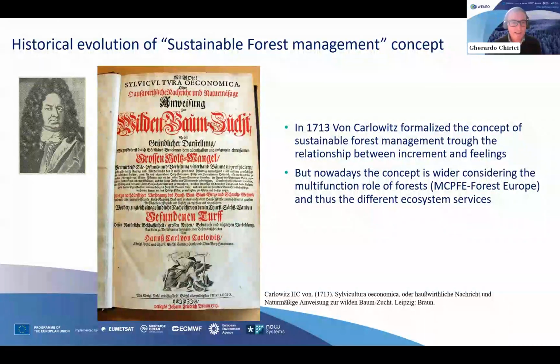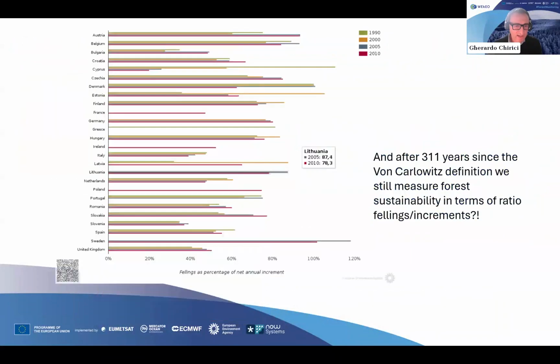So the golden rule of forest planning is that we don't have to harvest more than the increment, otherwise we are losing our forest in the long term.